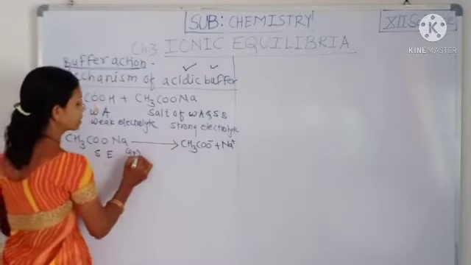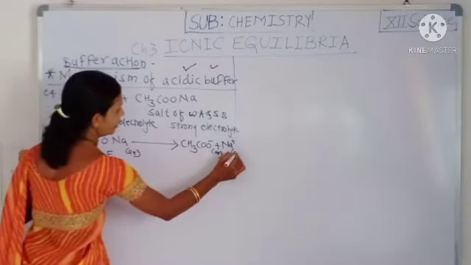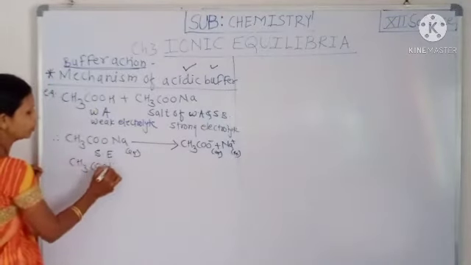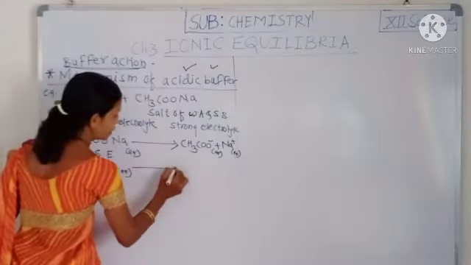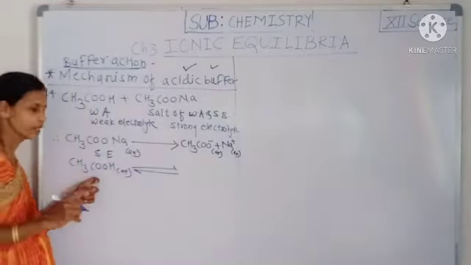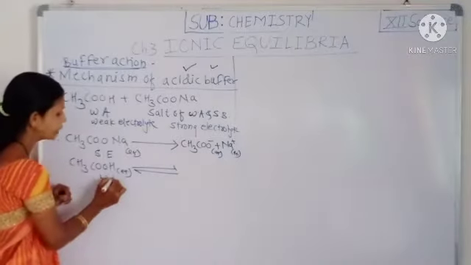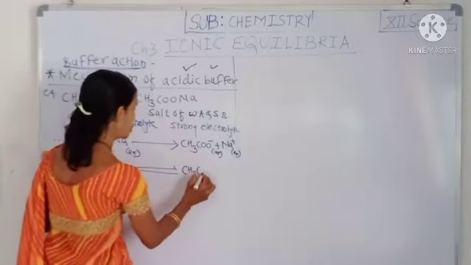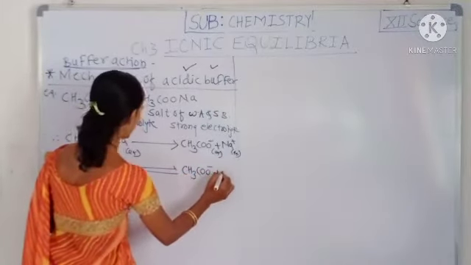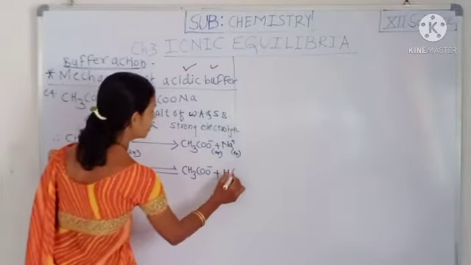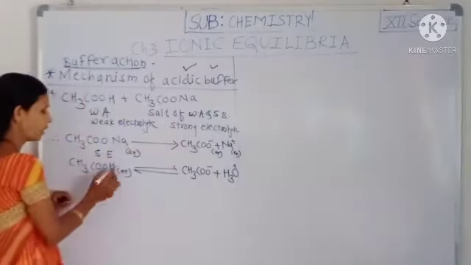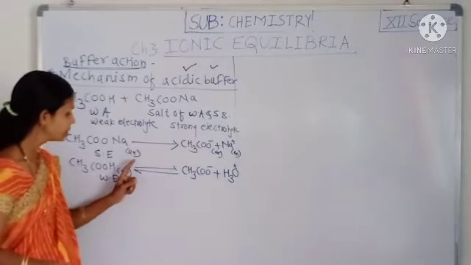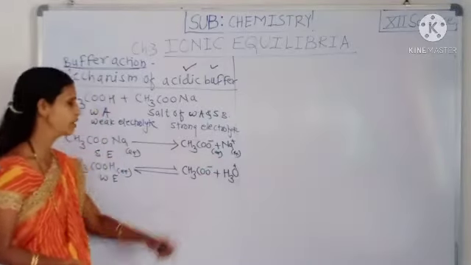And acetic acid in aqueous medium dissociates feebly because it is a weak electrolyte, giving CH3COO minus plus H plus, or hydronium ion. That is, the H plus ion of acetic acid reacts with water to give the hydronium ion.